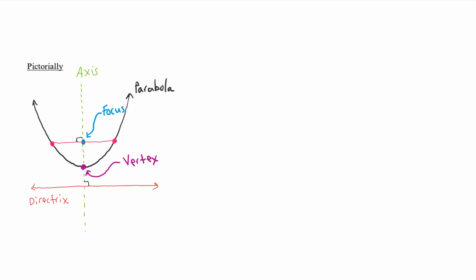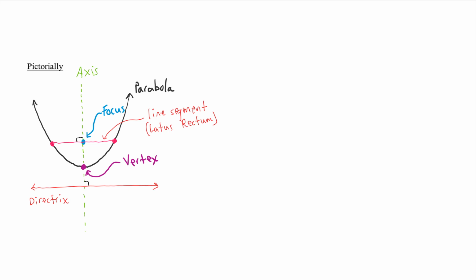So if I go to label that here, this is a line segment, and it's called the latus rectum. I think that's Latin for erect side, which is where the name comes from, if you're curious.